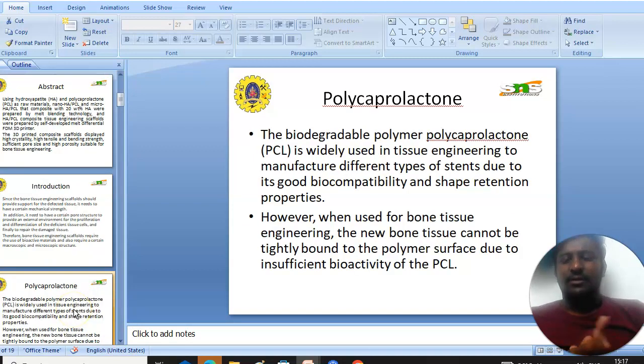In this research, polycaprolactone was used to fabricate the 3D printed bone scaffold due to its good biocompatibility, shape retention, and mechanical properties. However, it was limited in clinical application because of the insufficient bioactivity of the PCL.